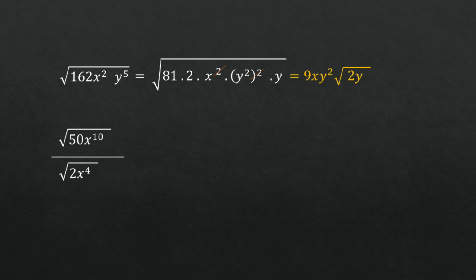We don't divide, but we subtract. So square root of 50x raised to the power of 10 over 2x raised to the power of 4, we have square root of 25x raised to the power of 6, because 10 minus 4 is 6.